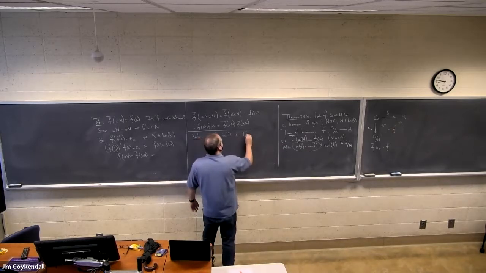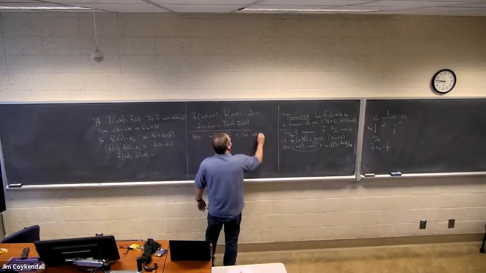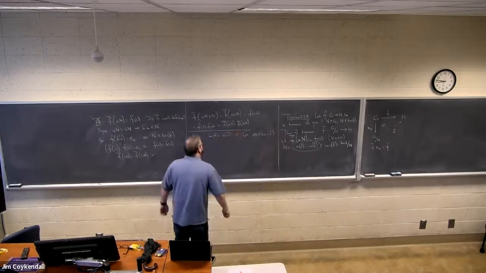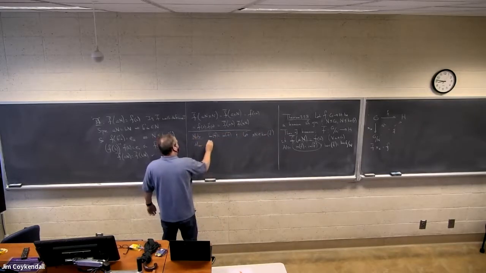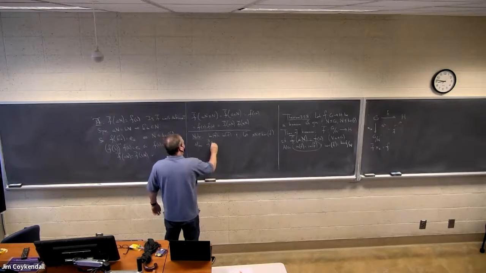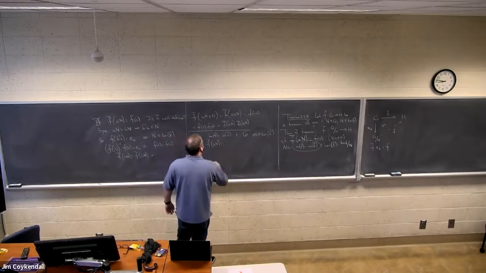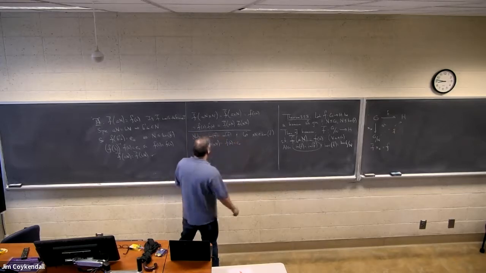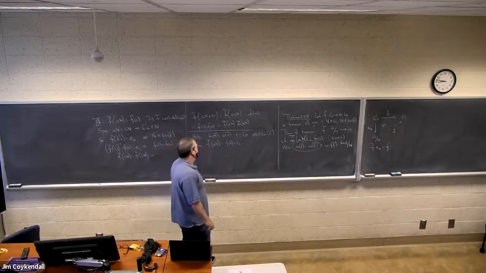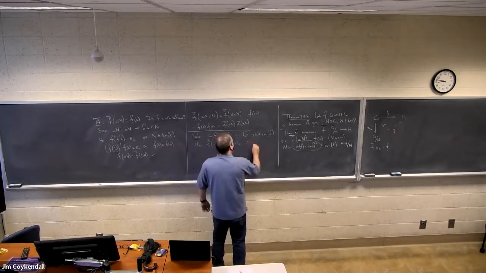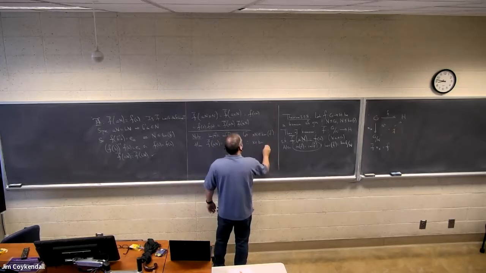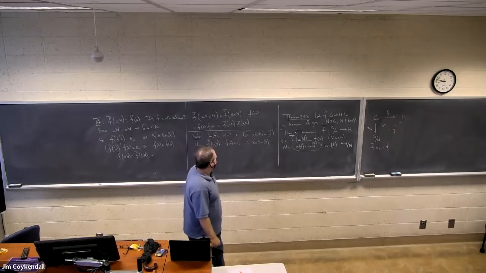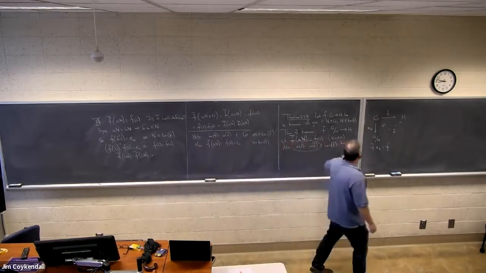And let XN be in the kernel of F bar, then F bar of XN equals F of X, which equals the identity of H. Therefore, X is in the kernel of F. So I'll let you finish up the details on this.